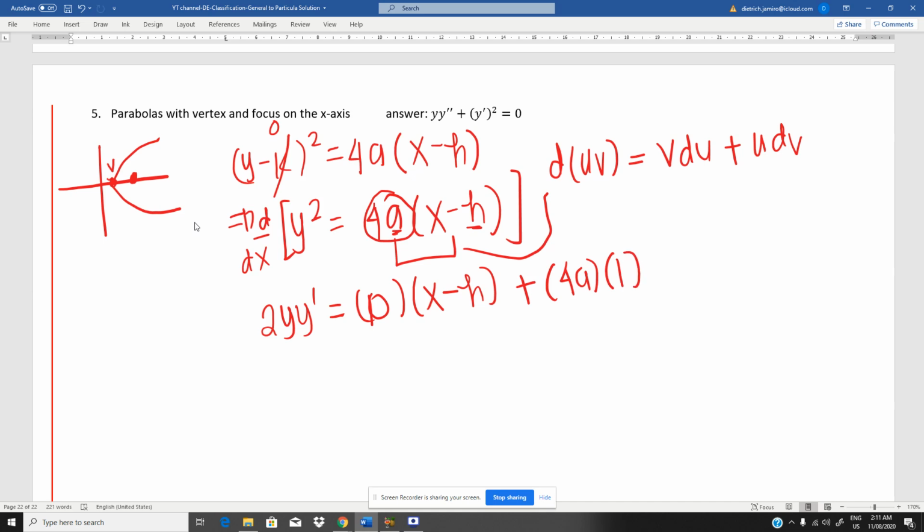Simplifying those, the first will become 0. So we will have 2y prime is equal to 4a.